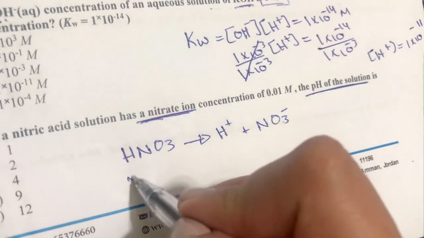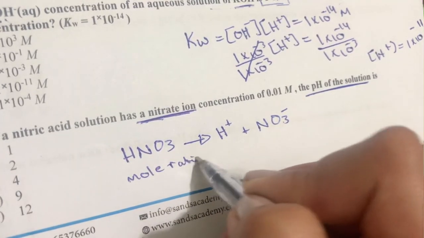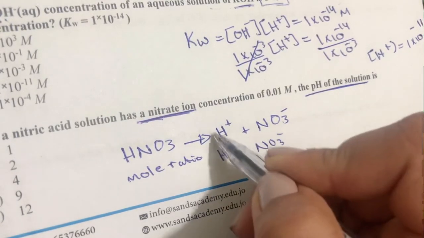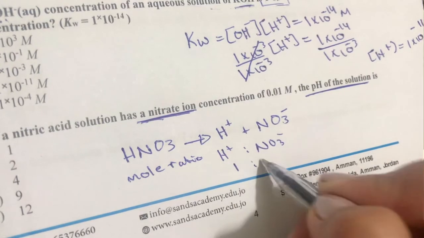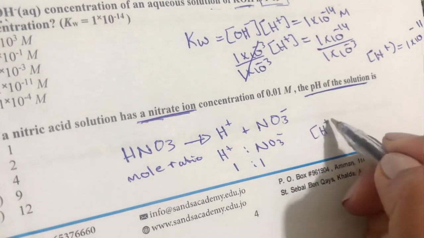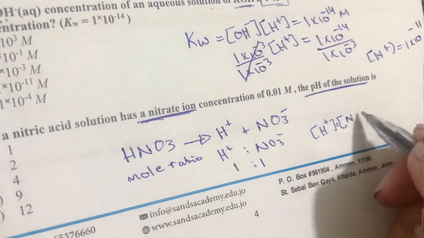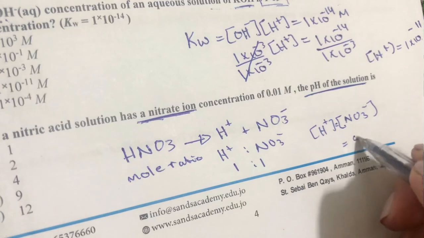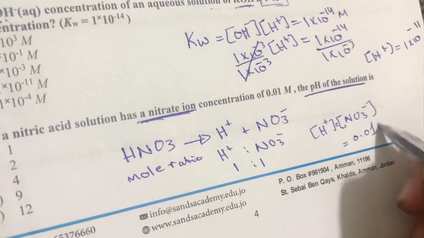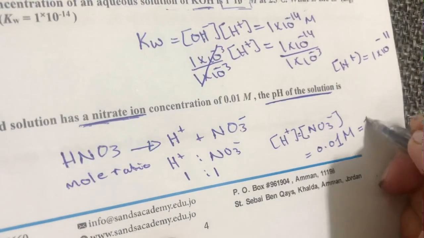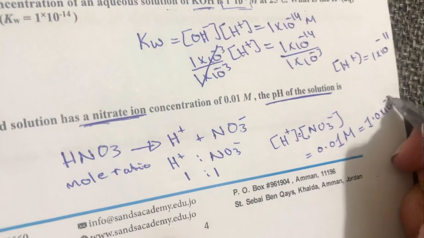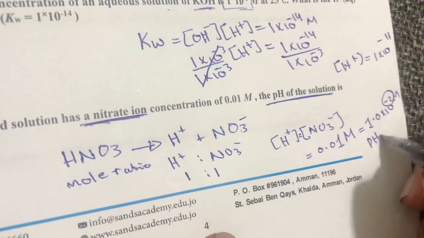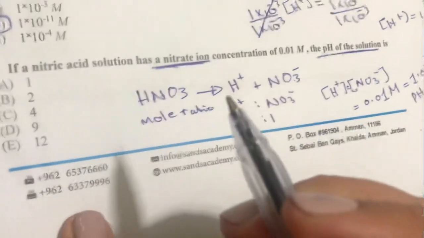The mole ratio between hydrogen and nitrate equals 1 to 1. So the concentration of hydrogen equals the concentration of nitrate, which is 0.01 molar, which is equal to 1 times 10 to the power minus 2 molar. So pH equals 2. So the answer is B.